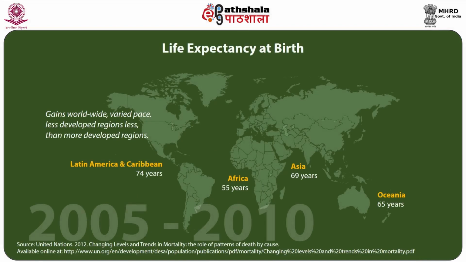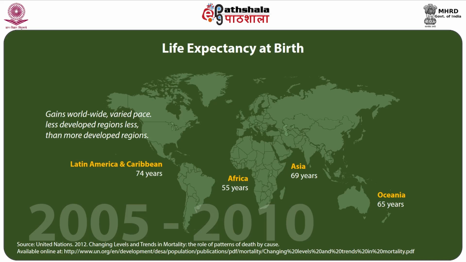Let's discuss life expectancy at birth, which is an important indicator to reflect on the achievements in health. Worldwide, there is a gain in life expectancy over a period of time, and the less developed regions have experienced less than the situation noticed in more developed regions. If you look at the data during 2005 to 2010, more developed countries have 80 years.